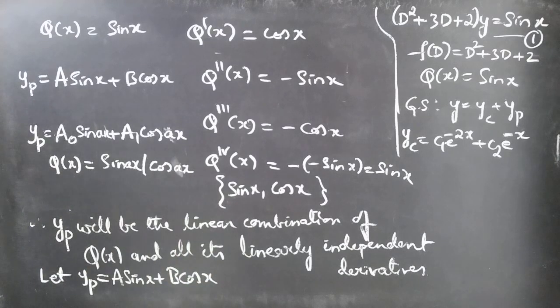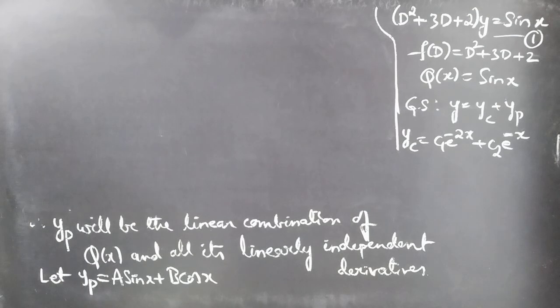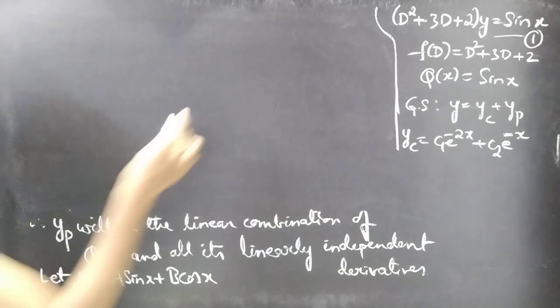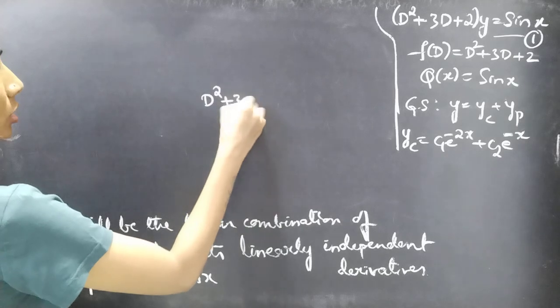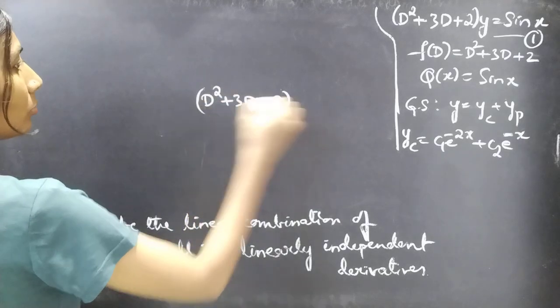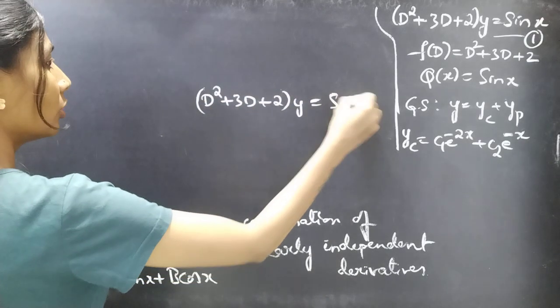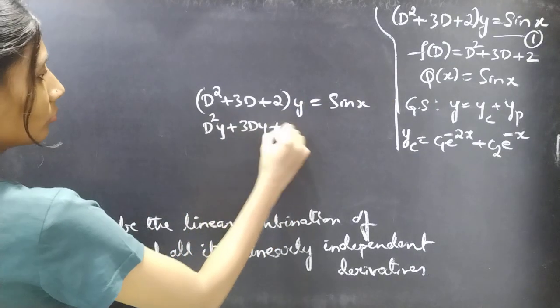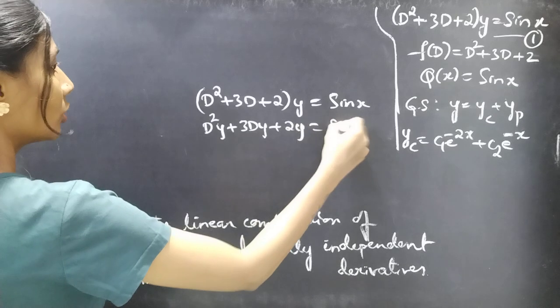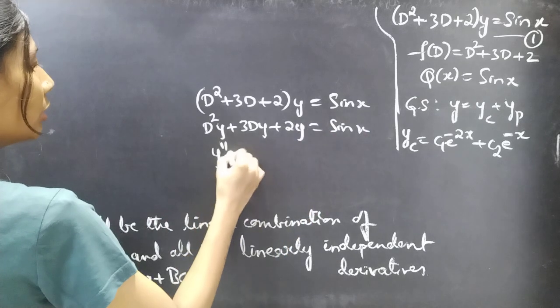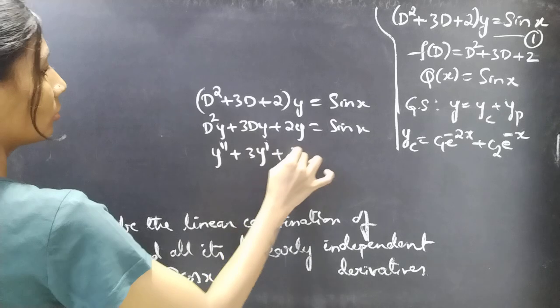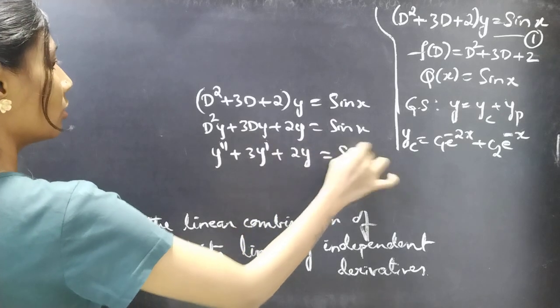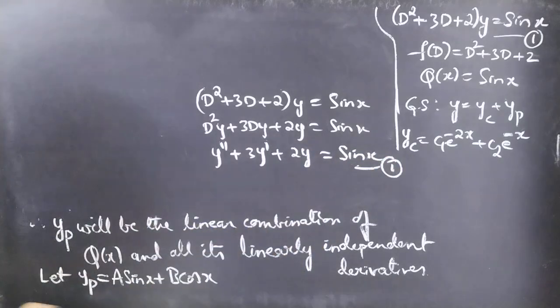So we have chosen a yp which satisfies the given differential equation, right? Fine. We have the given differential equation, we can write this as, it is nothing but, consider as equation 1.